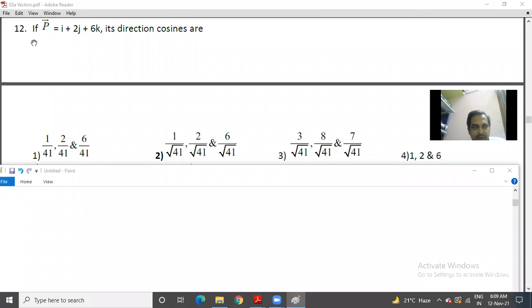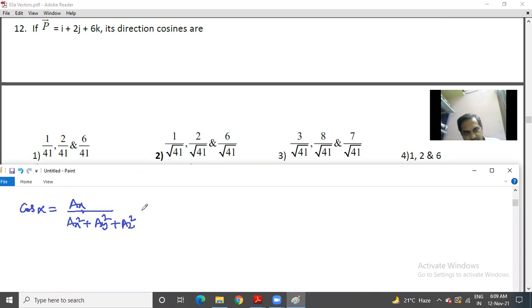Let us move to the second question. If vector P is equal to i cap plus 2j cap plus 6k cap, its direction cosines are. So first let me write the direction cosines. Cos alpha is equal to ax by root of ax square, ay square, az square.